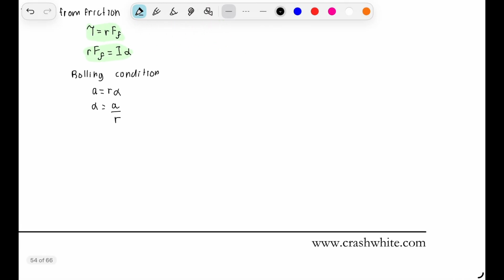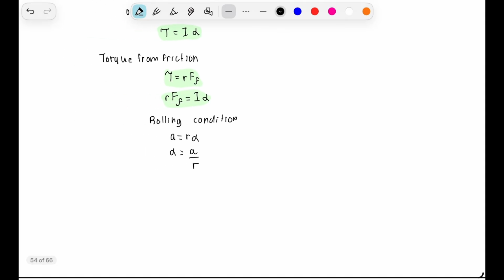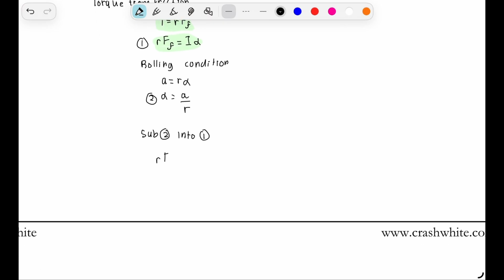If you substitute this into the torque equation, so our torque equation is this, and we want to sub 2 into 1. So you have that R Ff is equal to your moment of inertia times your angular acceleration, which you found, which is your linear acceleration over r.